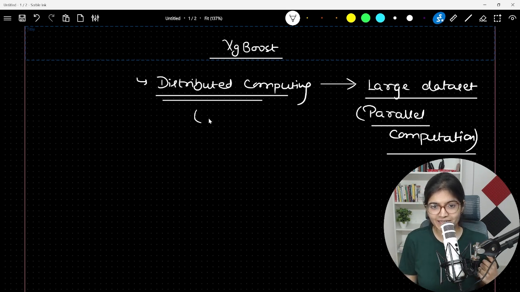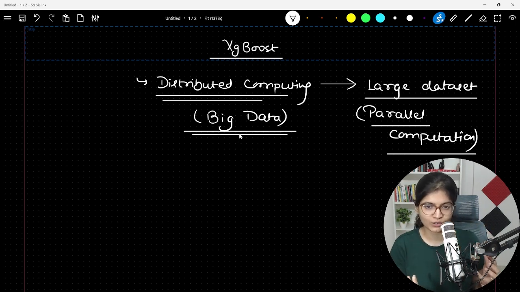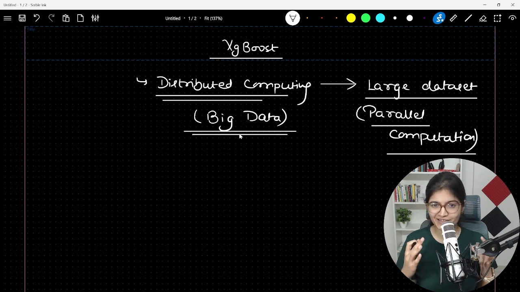The complete tech stack of big data, if you are aware, if you are from a data engineering background, belongs to the concept of distributed computing. Whenever we have big data, there is the concept of Hadoop and, internally, MapReduce. All these things are based on how distributed computing works internally.